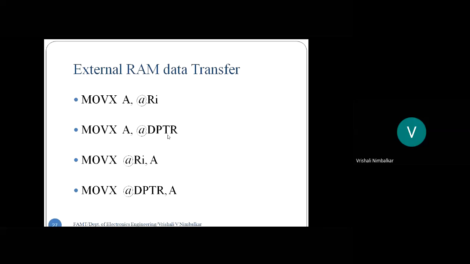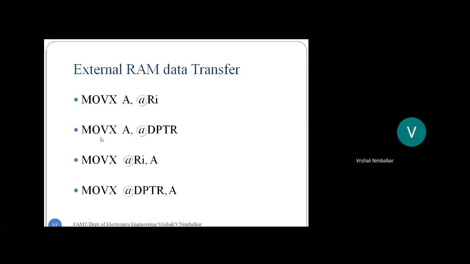Now DPTR is a 16-bit register and the external RAM memory address is also 16-bit, so that's not a problem, correct? The external RAM data pointed by DPTR is picked up and copied into the accumulator, right? So the first two instructions are memory to microcontroller.